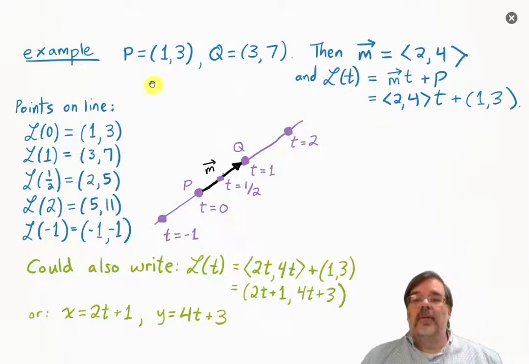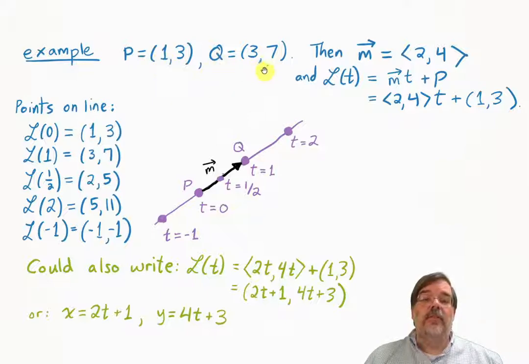So, for example, let's say you have the point (1, 3) and the point (3, 7). We want to calculate the parametric vector form of the equation of the line between these 2 points. Well, first, we calculate the slope vector.